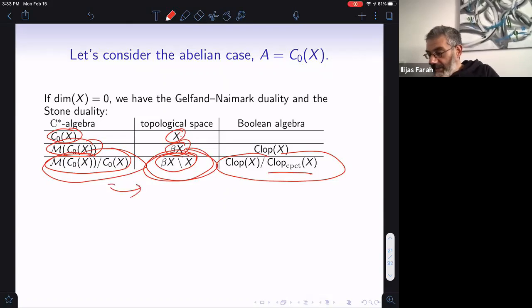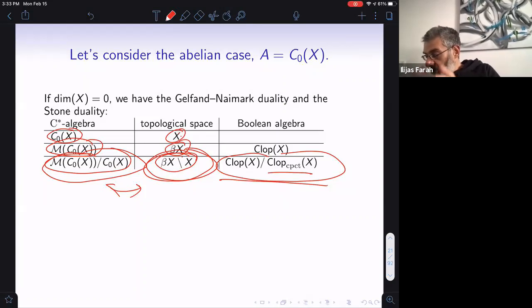This equivalence here, the Gelfand-Naimark part, does not depend on Boolean algebras, but it is just easier, and traditionally it was done way earlier, to understand what happens with Boolean algebras.